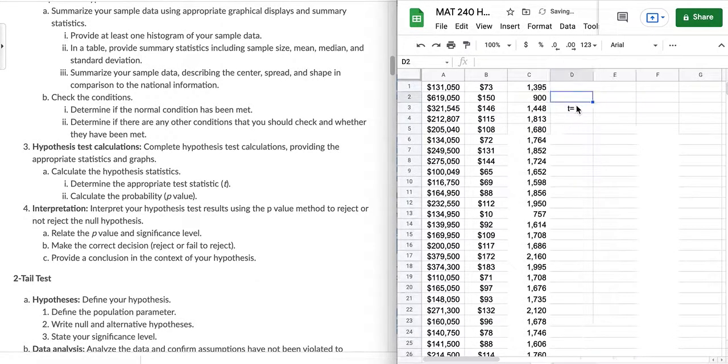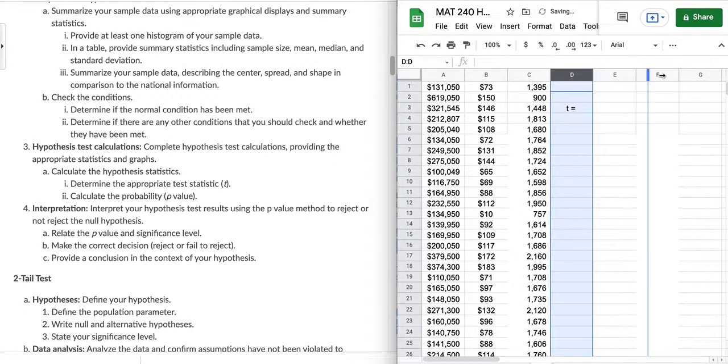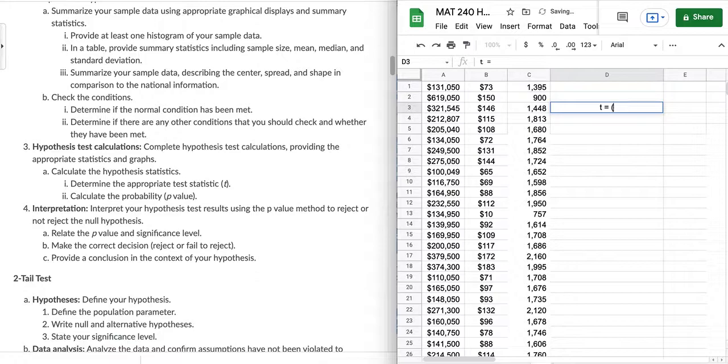You want to calculate a test statistic t, and then you can start using Excel and Google Sheets functions. T is found by taking the sample mean and subtracting the population mean, which is sometimes called the target mean in our course, as I found out thanks to a student.